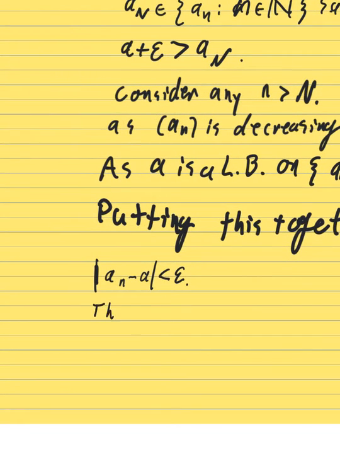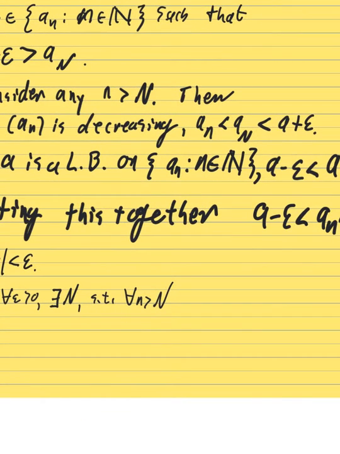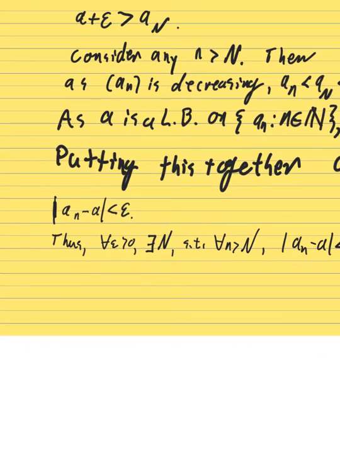Thus, for every epsilon bigger than 0, there exists some choice of big N such that for all little n bigger than big N, the absolute value of A sub n minus A is less than epsilon. That's exactly the definition of the limit. So A sub n converges to A as we claimed.